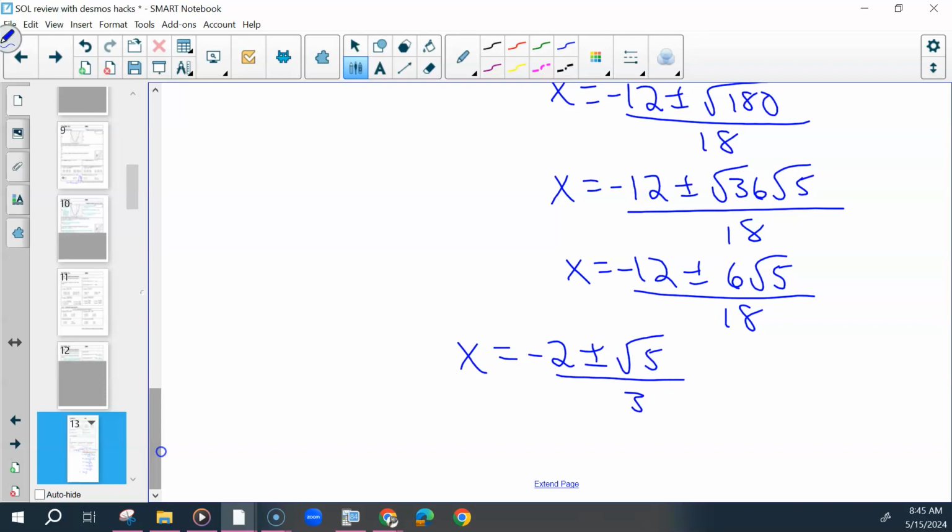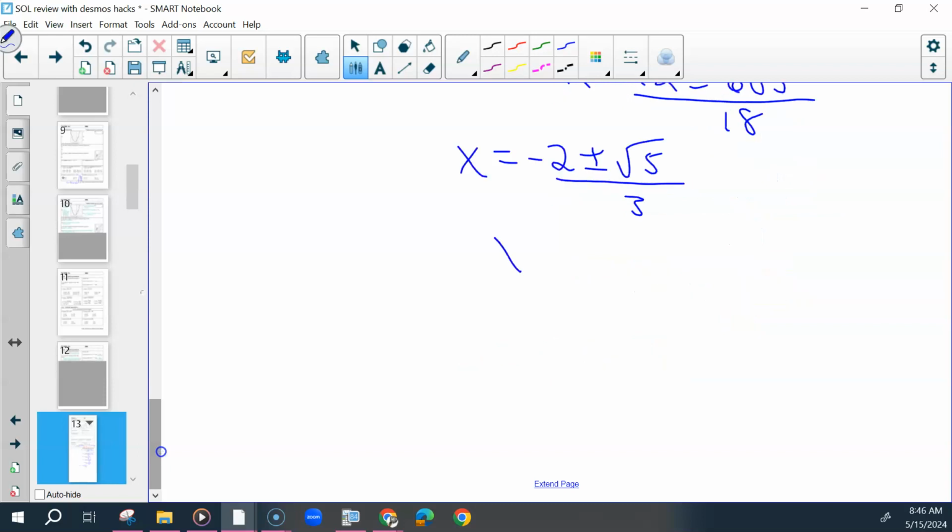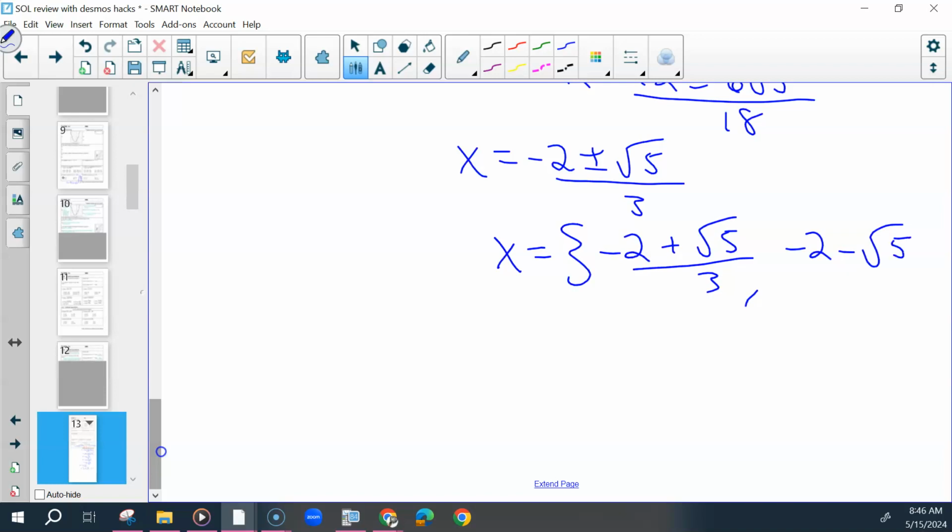And your answer would be this twice, one with a plus, one with a minus. These two answers are the two decimals you got.